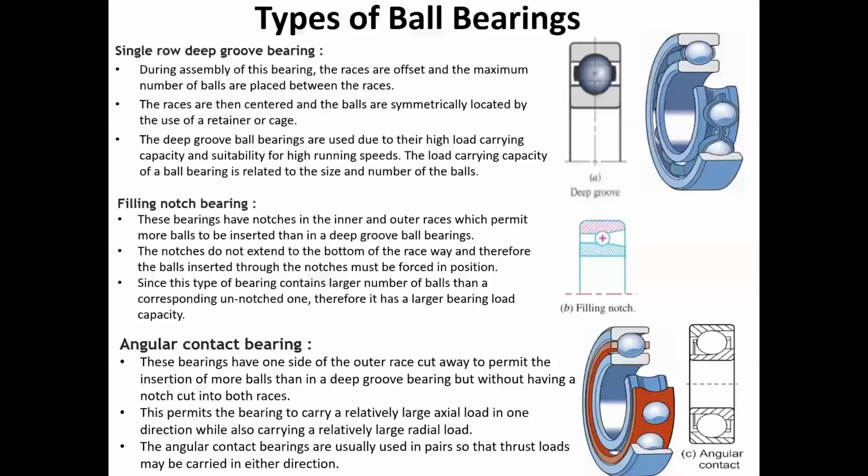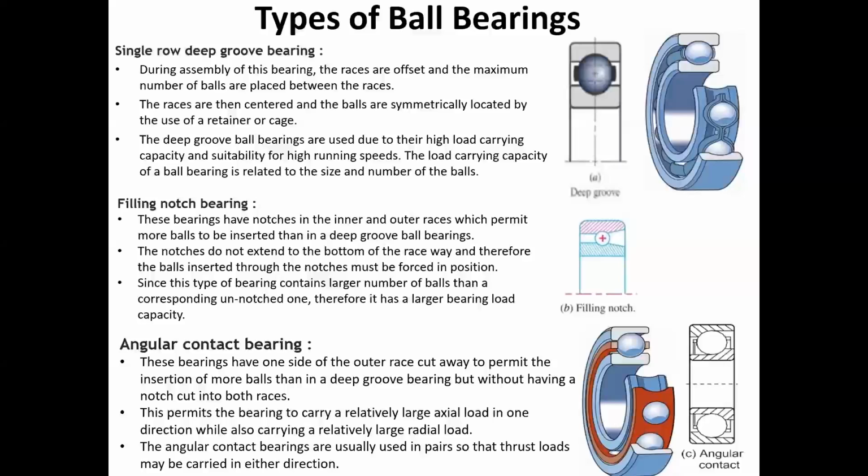Because if you see, the shoulder of the bearing is extended towards the bottom or towards the inner race, so that the axial load can be supported by this extended shoulder, and the ball will not go out of the race. This rolling element will not go out of the race. Okay, so such a bearing can carry radial as well as axial load.